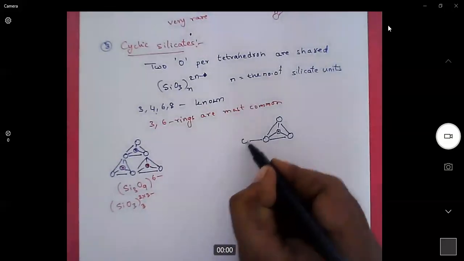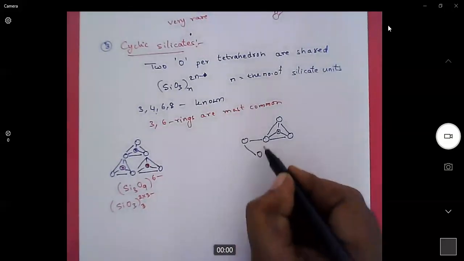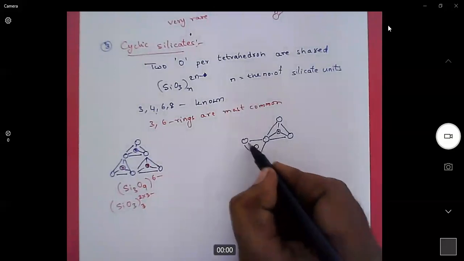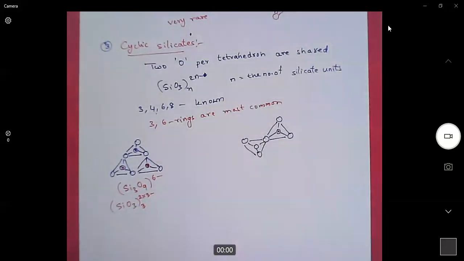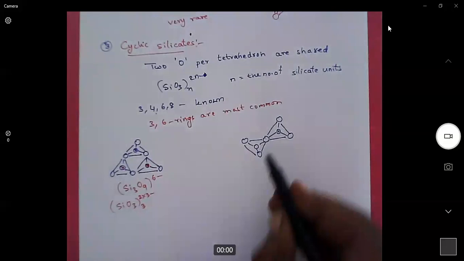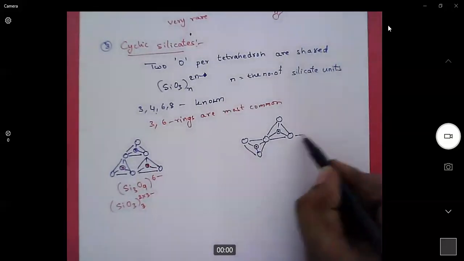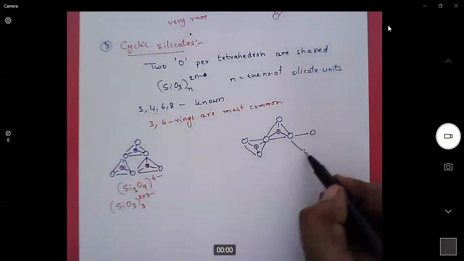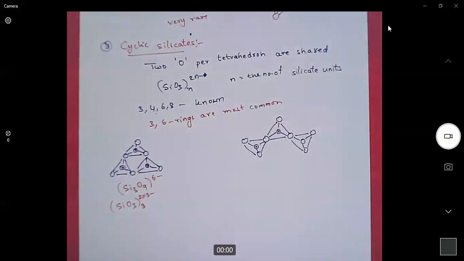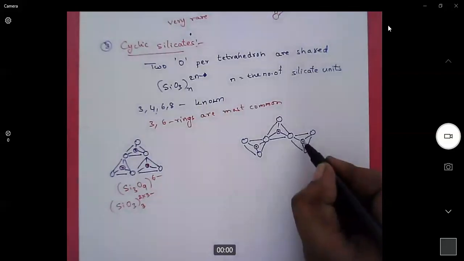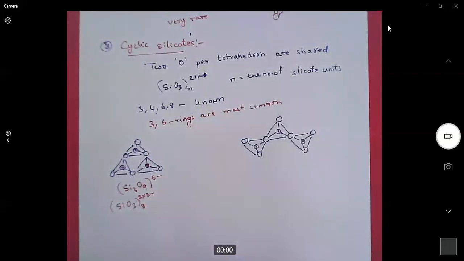So we will try to draw it in a little different way. These are the 3 silicate units.